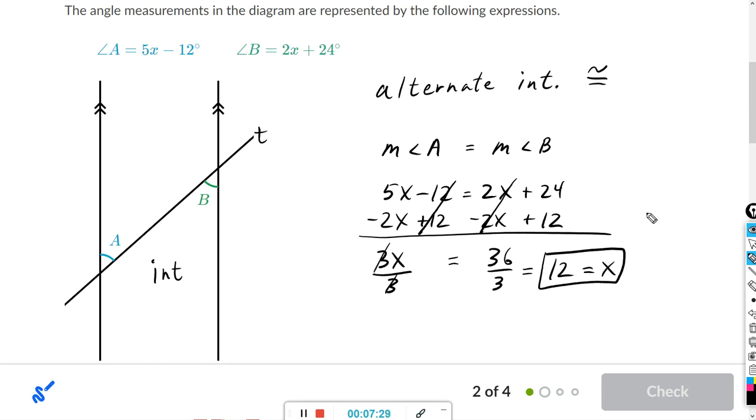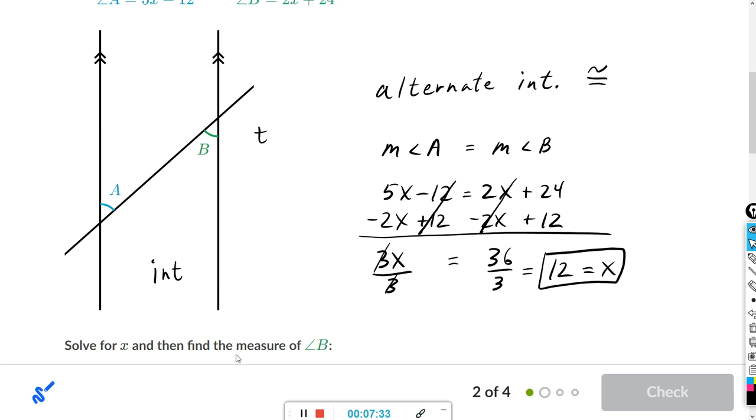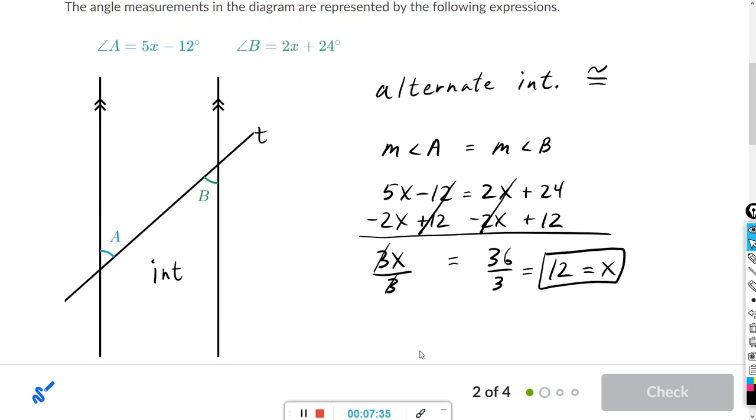So that's not what they asked for. They asked for the measure of angle B. So I'm going to take that 12 and plug it in. Put the 12 right in there in place of x.